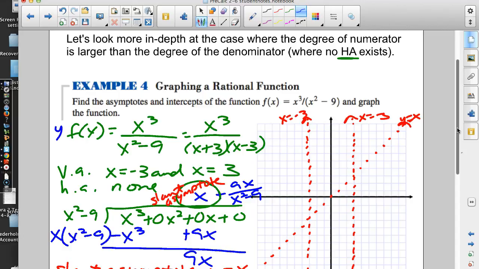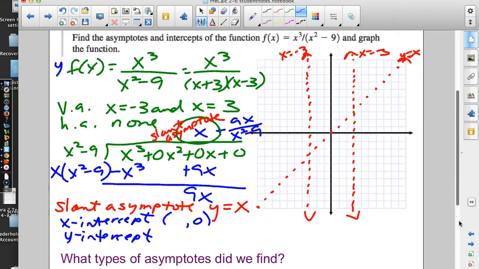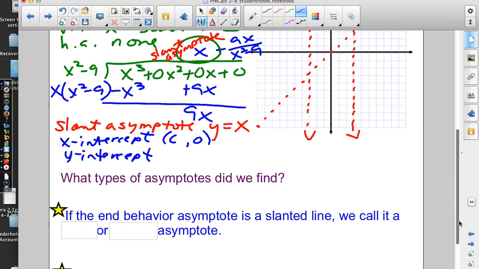So how do I get y to be 0? If the top, the numerator, is 0, this will be 0. So it would have to be 0, 0. We put a 0 right here. This is going to become 0 divided by -9. We will get 0. So the numerator equaling 0 gives you that x-intercept.